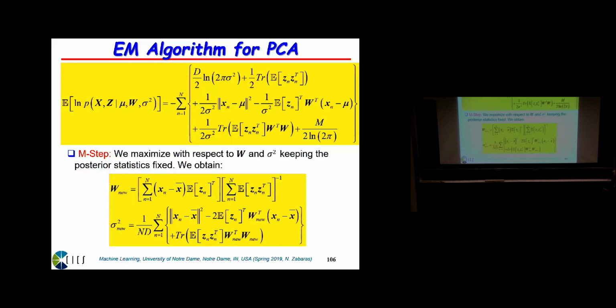Obviously, they look very different from the exact MLE estimate that you saw before. But you have to trust me that in the case of sigma square going to 0, they also converge to the exact PCA results.